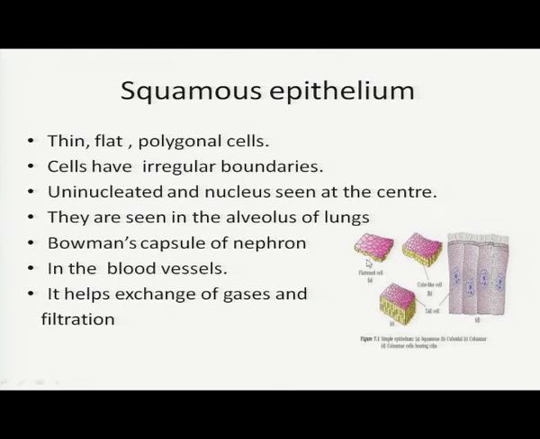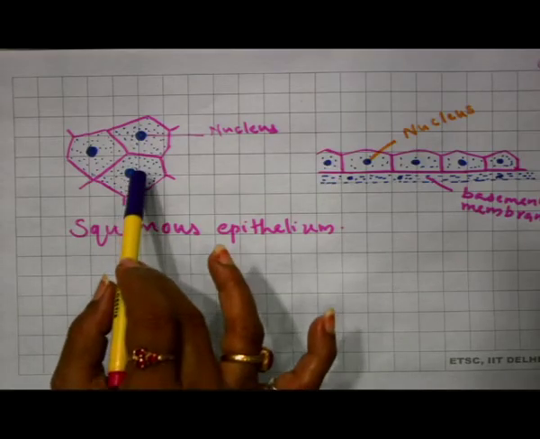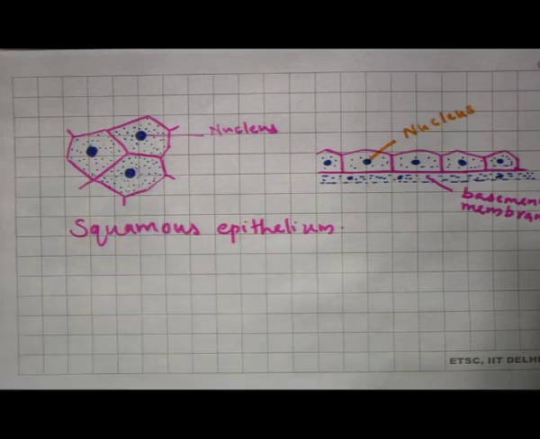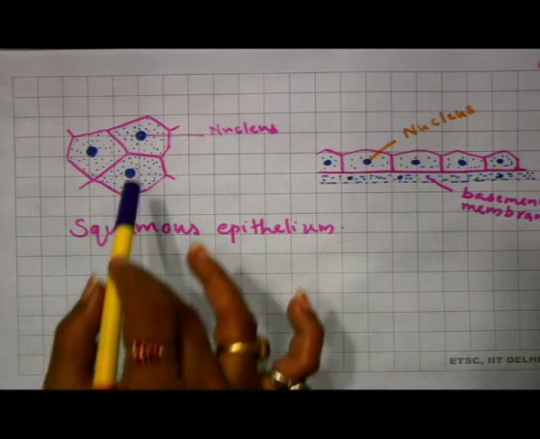First category, squamous epithelial tissue. Here you can see the diagram of a squamous epithelial tissue. You see these are thin, flat, single layered cells. Regarding its shape, it is polygonal.